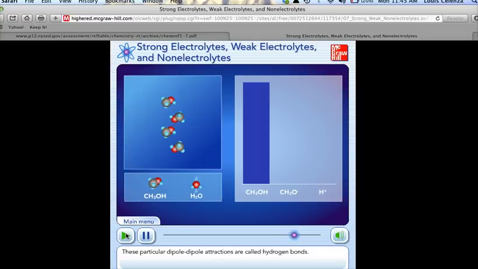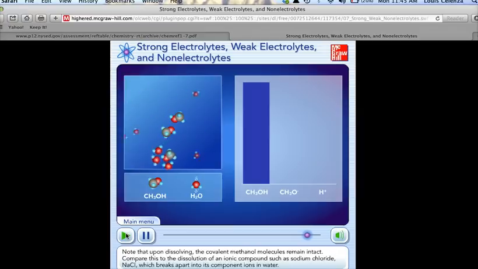These particular dipole-dipole attractions are called hydrogen bonds. The attractions between water molecules and the methanol molecule will break the attractions between methanol molecules, causing methanol to dissolve in water. Note that upon dissolving, the covalent methanol molecules remain intact. Compare this to the dissolution of an ionic compound such as sodium chloride, NaCl, which breaks apart into its component ions in water.